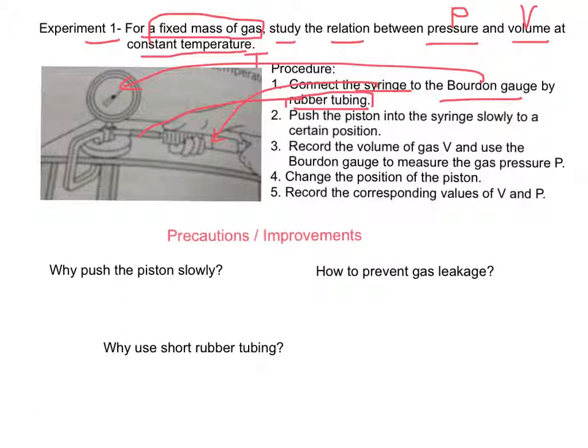Next, push the piston into the syringe slowly to a certain position, and then record the volume of the gas V and use the Bourdon gauge to measure the gas pressure P. Next, change the position of the piston. Lastly, record the corresponding values of P and V.